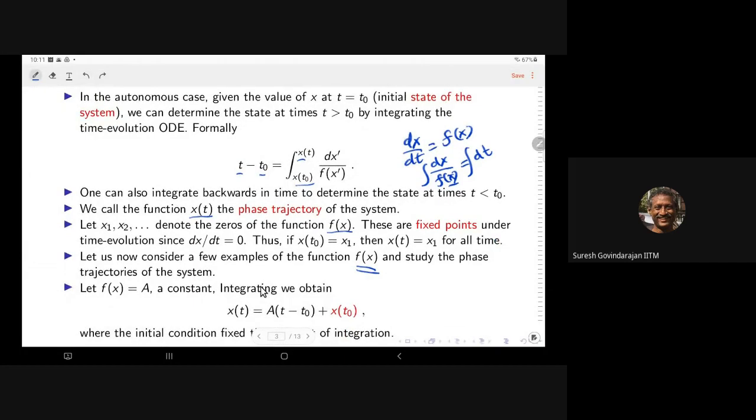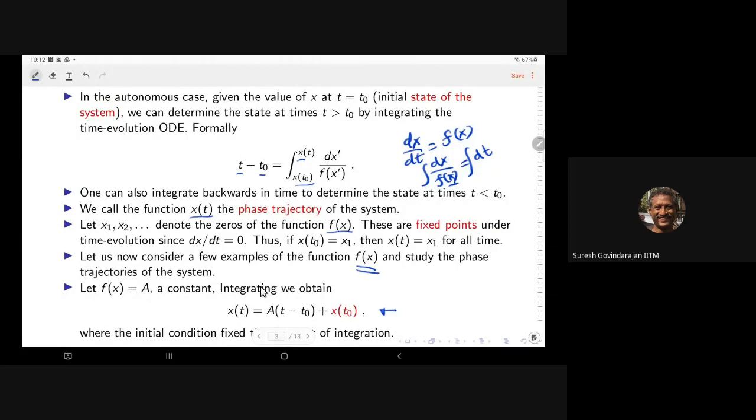Anyway, f of x equal to a, and so now the solution is very simple. You can do this integration. F of x here is just a constant a. So if you go ahead and do this, it will be x of t minus x of t naught upon a, which you can rewrite like this.